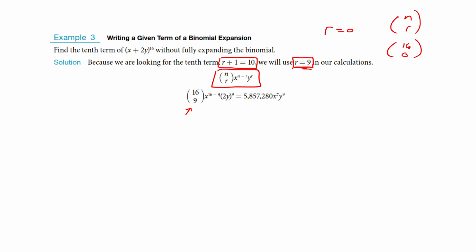We're going to take away that r, and then the second term is just going to be to the rth power. So 16 taken 9 at a time. Again, we adjusted. We want the 10th term, but we want the 9th r because r starts with 0. Now this is going to be the highest exponent, which was that 16. Take away the r. And this here is going to be the second term to the rth power.